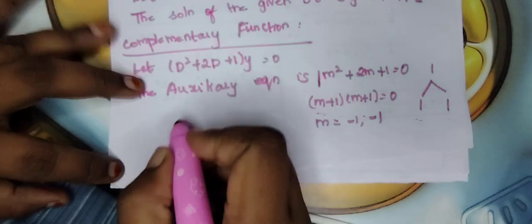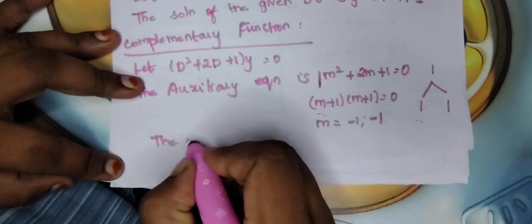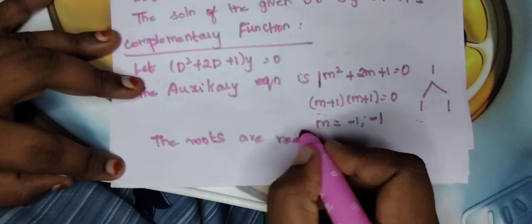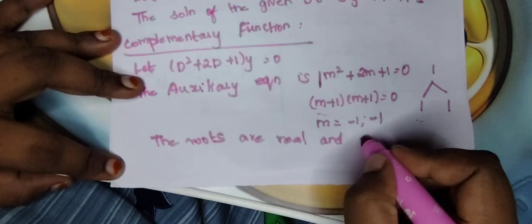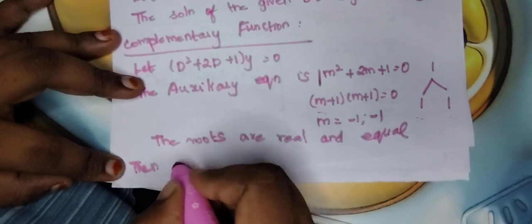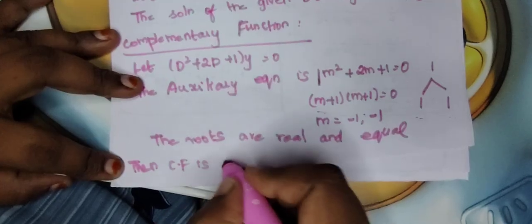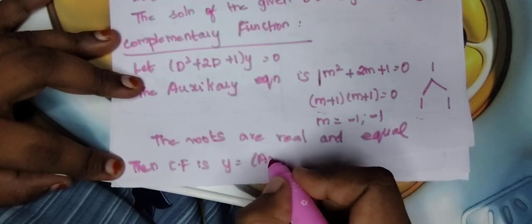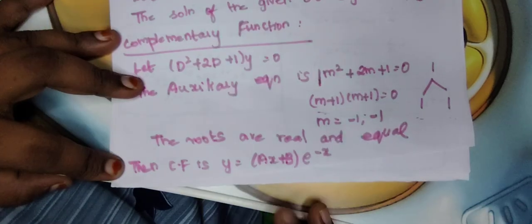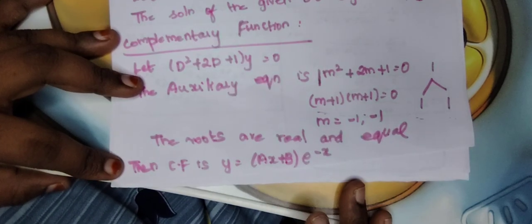As you can see here, the roots are real and equal. If the roots are real and equal, then the complementary function is y = (ax + b) e^(−x). So this is my complementary function.